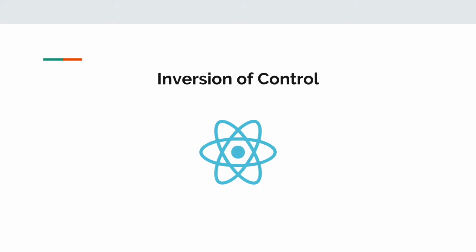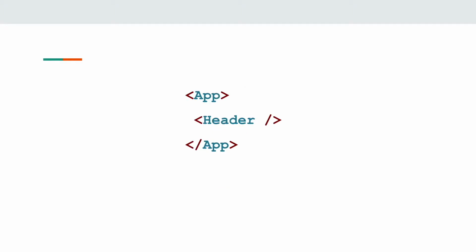It's a powerful concept because by handing over the responsibility to React to call your React component functions, it can do some really cool things. The first of which is that React can recursively call multiple nested components if you provide a nested JSX structure. Say you have an app component that within it has a header component as a child.